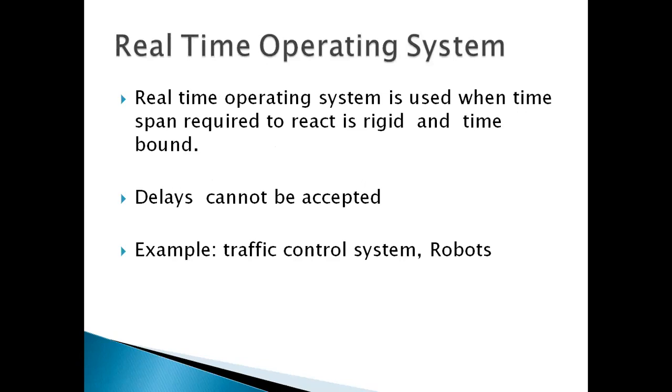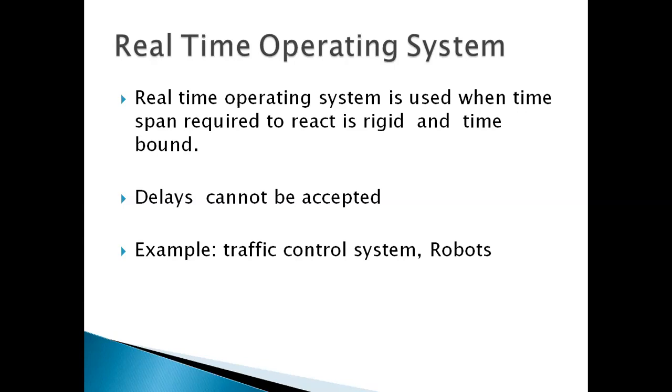Real-time operating system. The next operating system is the real-time operating system. A real-time operating system is used when the time span required to react is rigid and time bound.